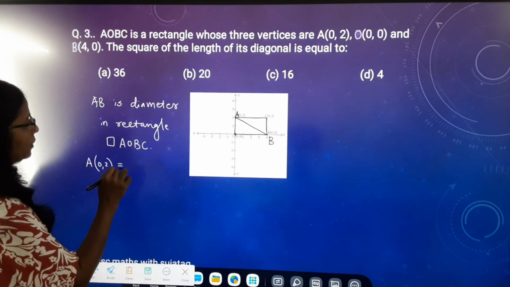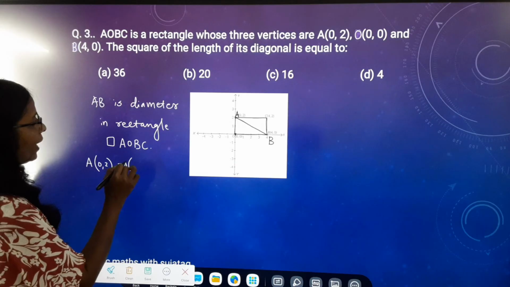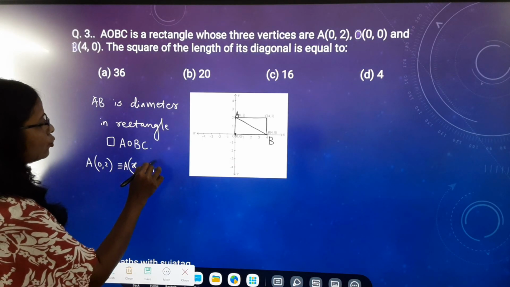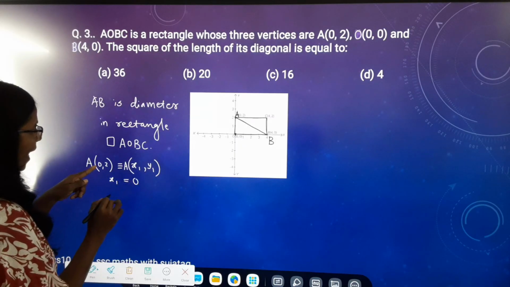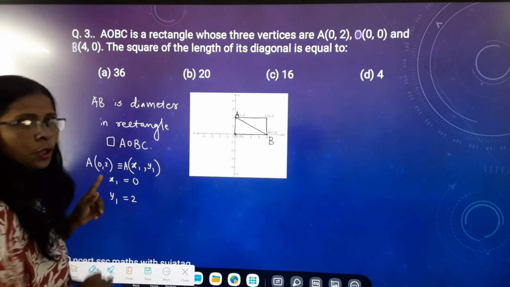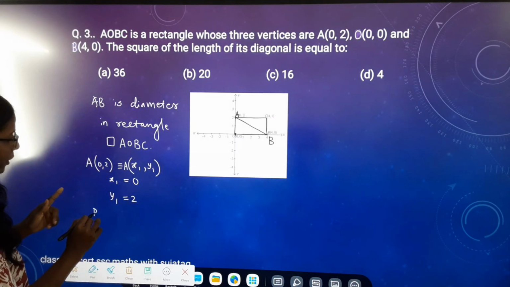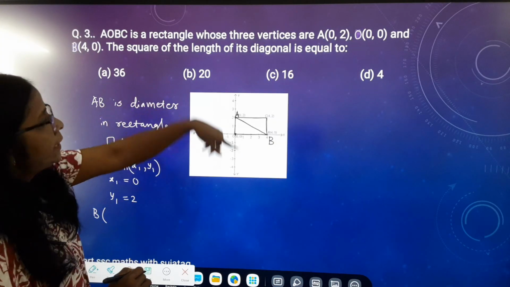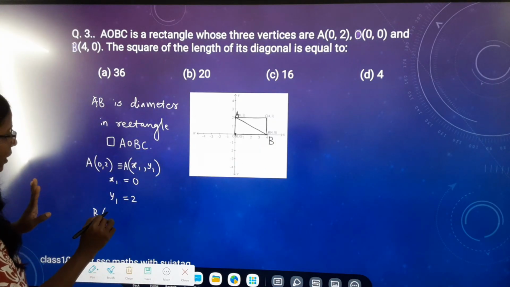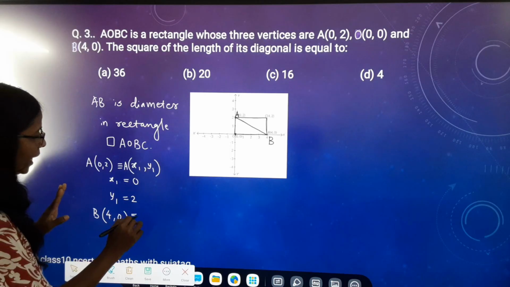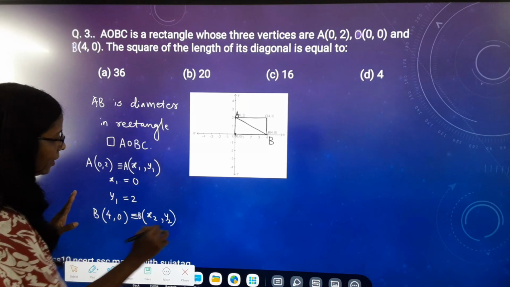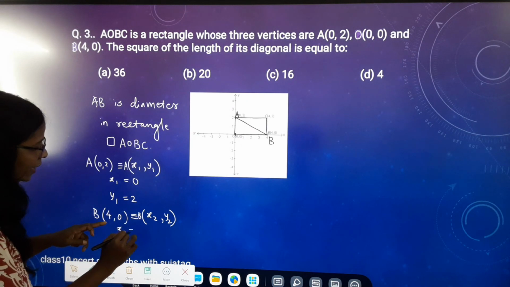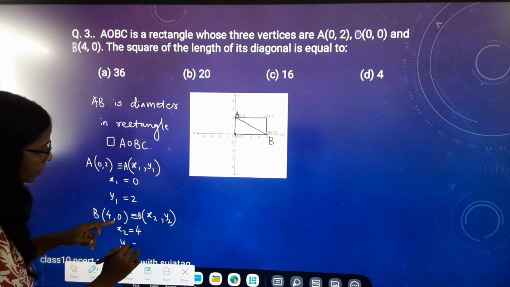So consider these coordinates of A as (x1, y1), so x1 is equal to 0 and y1 is equal to 2. Then the coordinates of B are (4, 0). Consider B as (x2, y2), then x2 becomes 4 and y2 becomes 0.